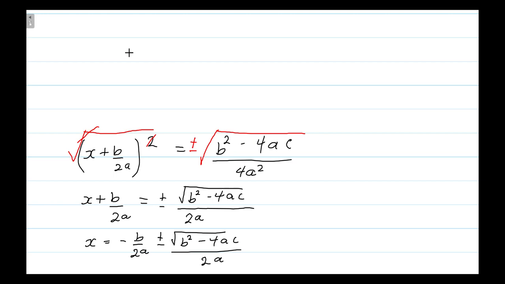From here we say x equals minus b plus or minus the square root of b squared minus 4ac all divided by 2a. And this is the quadratic formula.